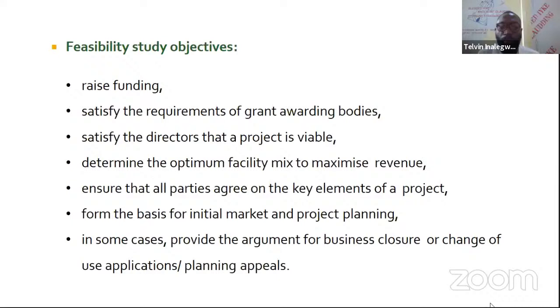So even your creditors and grant awarding bodies want to see your feasibility study, and they will have their requirements. So after your feasibility study, it will satisfy the requirements of these grant awarding bodies and also your creditors.